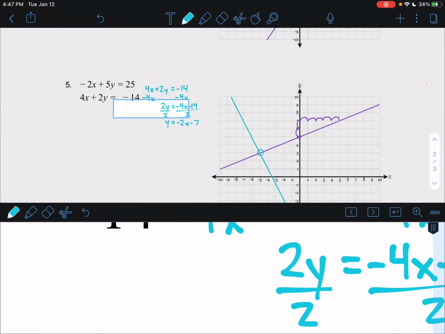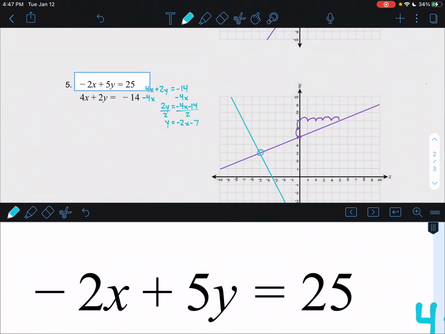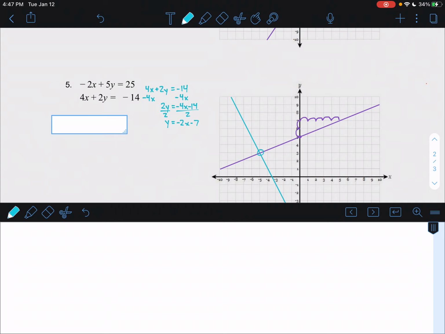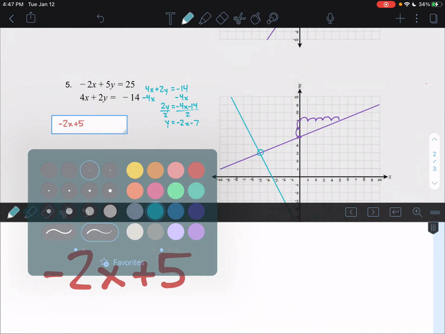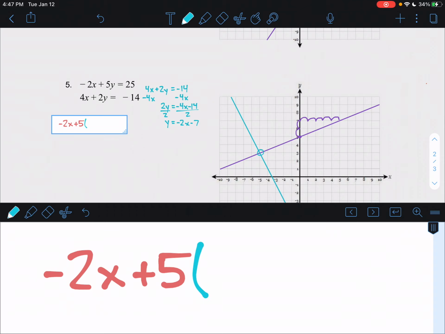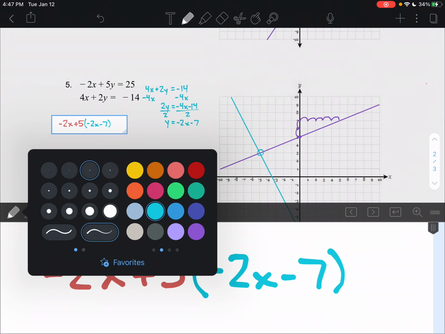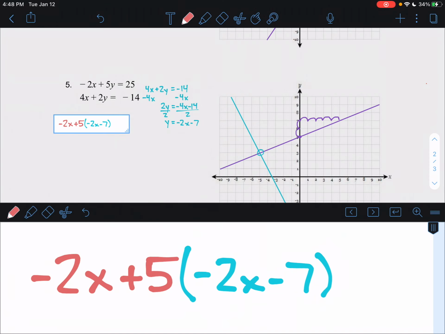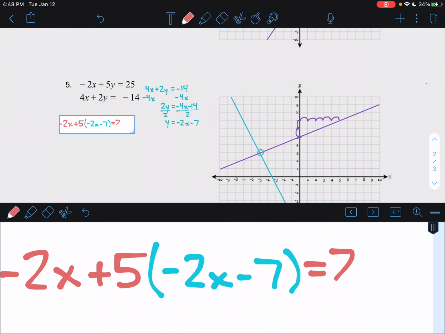So now that I got that, I'm going to plug it into the first equation. So I have -2x plus 5, and then my y, instead of y, I'm going to say -2x minus 7, equals 25.